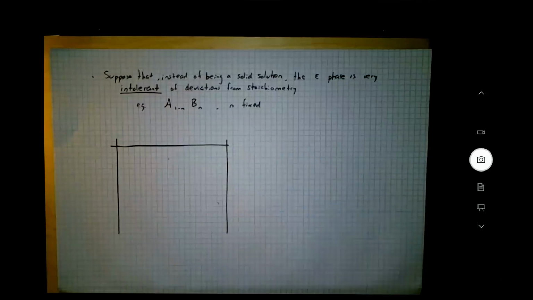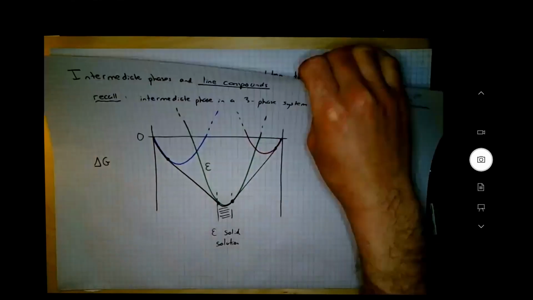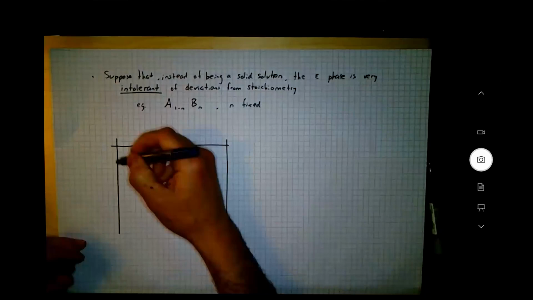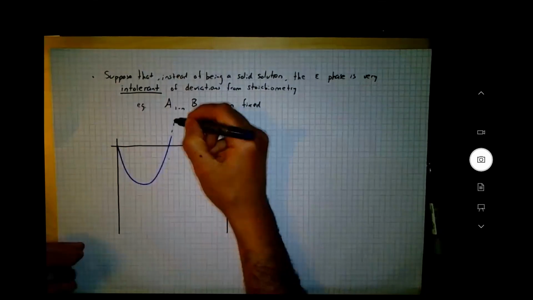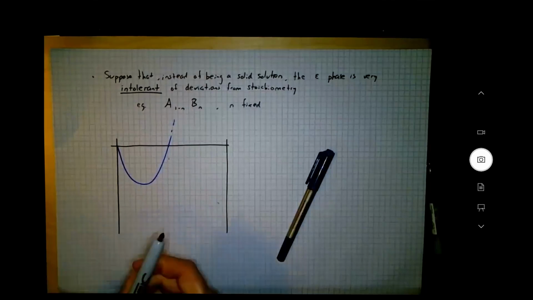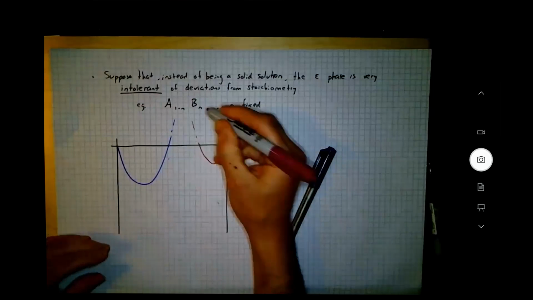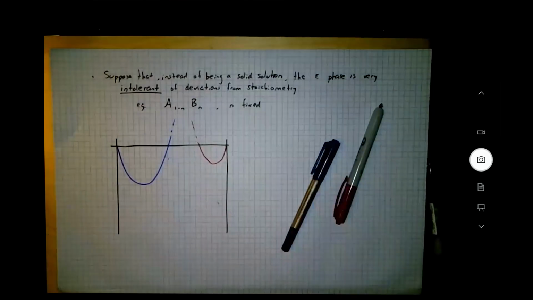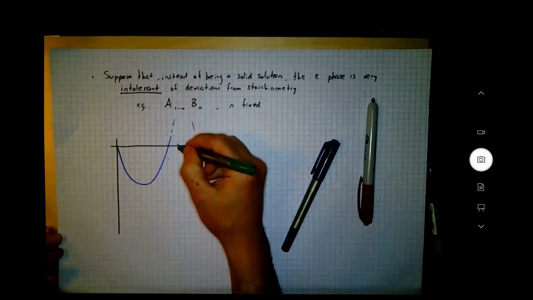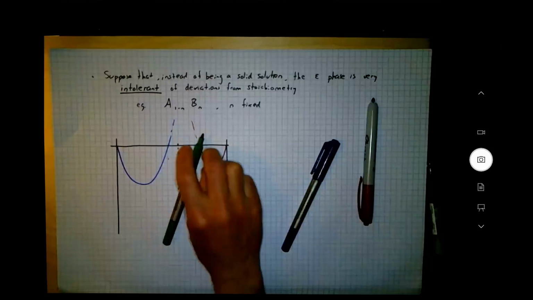See, what colors did I use? I used blue, green, and maroon, I guess. So here's blue, as before. Here's maroon, as before. But now let's say that here's n.